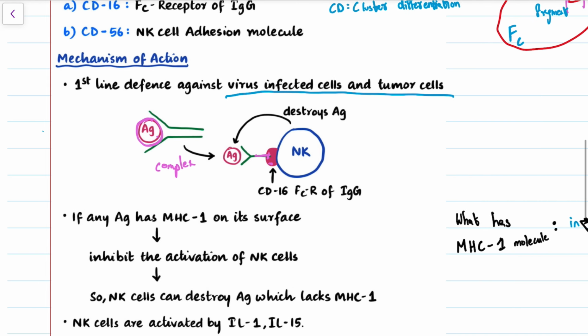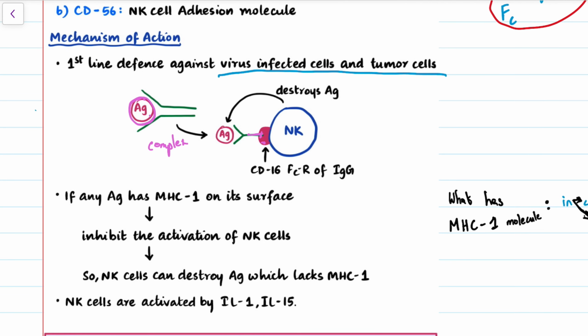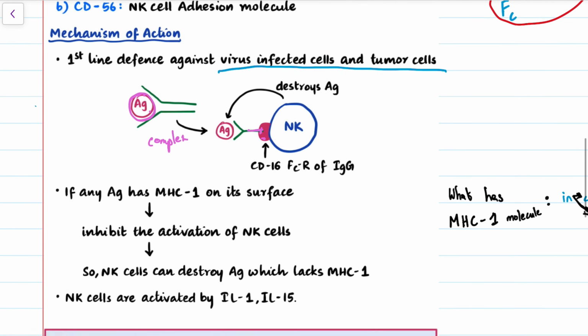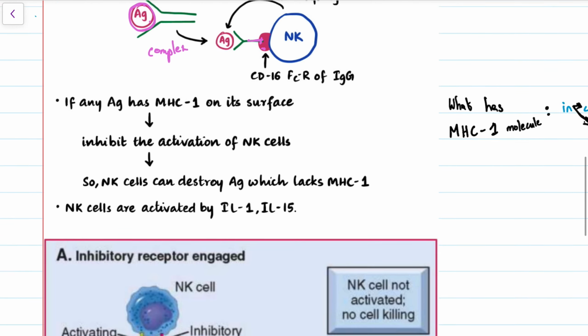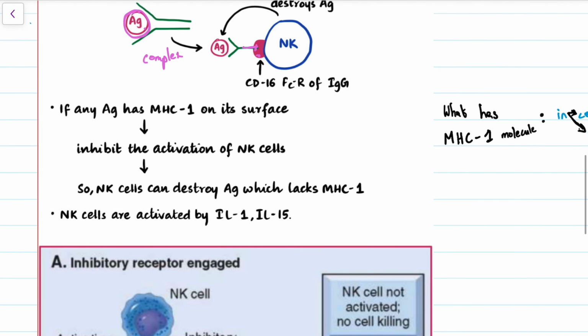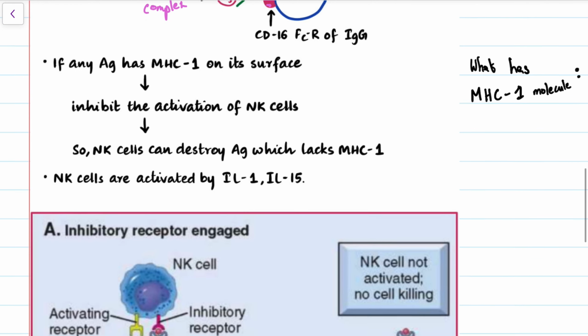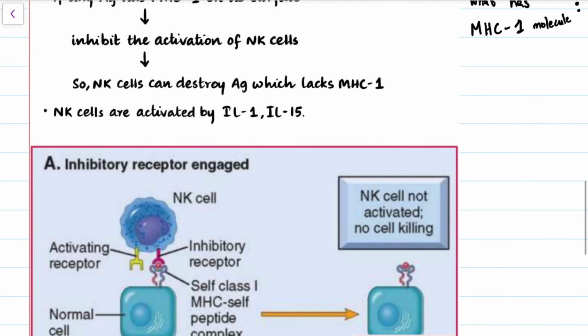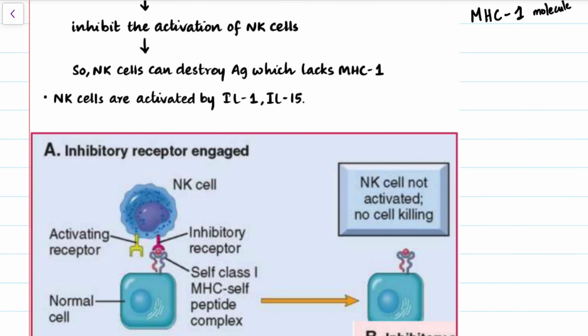So this can go in two ways actually. See, what happens is that a particular surface structure, for example our own cells, have their own complexes. Like in a normal cell, it also contains antigen, right? Which can be carried by the MHC class 1 receptor.